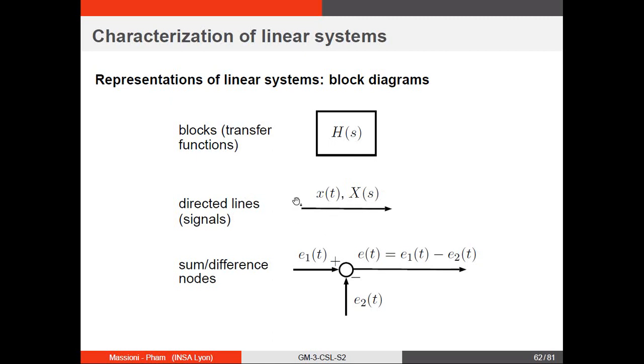And the arrowhead is important because a signal going in is an input and the signal going out is an output. It's not the same. And then we have a sum or difference node, like this one over here. We have two signals, E1, E2, and then here we have the sum of E1 minus E2, which is the output over here. Very easy to understand graphically.